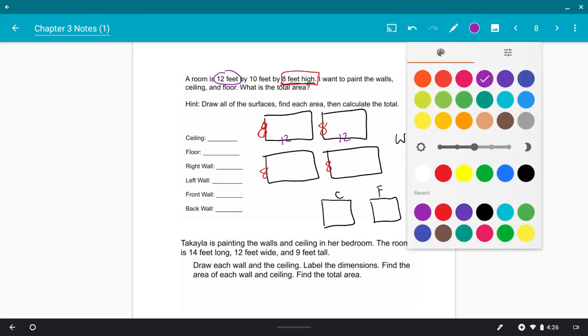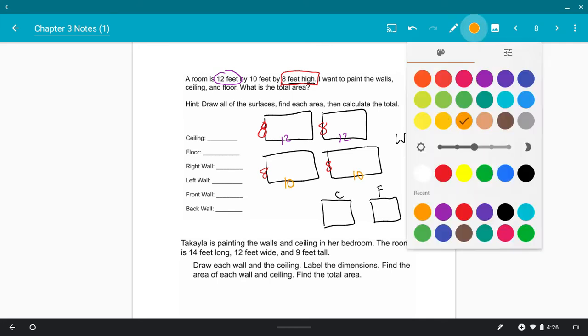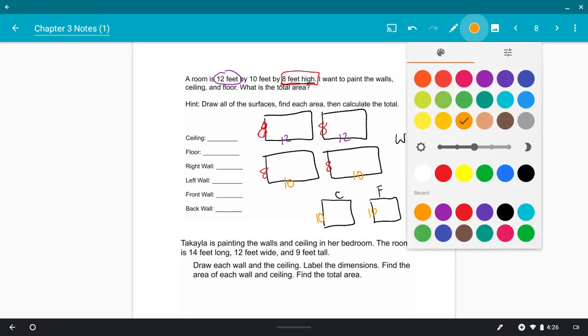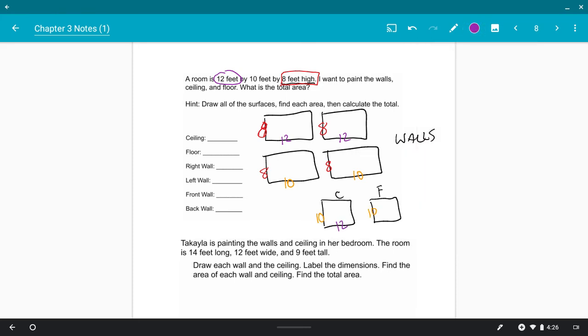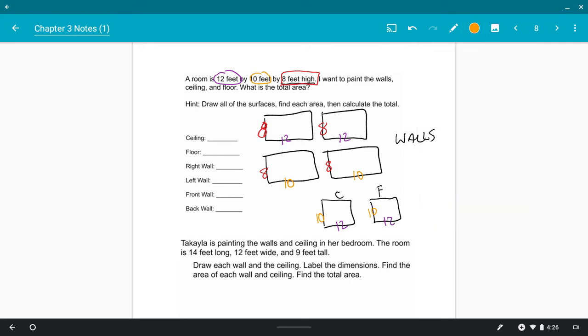And then we're going to choose the other one to do 10 feet and 10 feet. The ceiling and the floor will be the same. Those will be 10, 10, 12, 12. Okay? So the ceiling and the floor are the length of the walls. It has nothing to do with the height of the room. And then you just multiply.